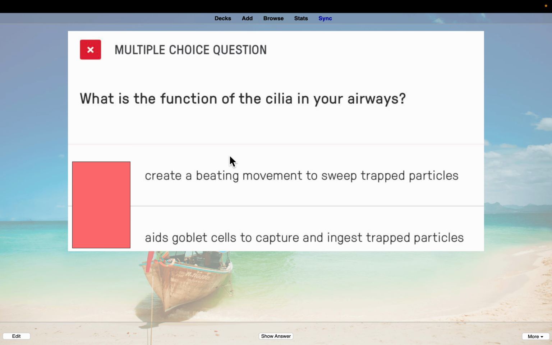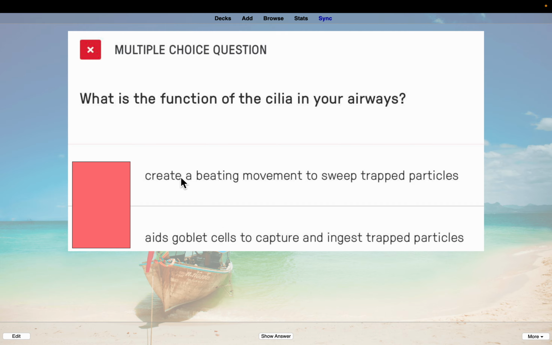What is the function of cilia in your airways? Let's read the first statement. Create a beating movement to sweep trapped particles. Maybe. I think it's the first statement. How about the second? Aids goblet cells. Aren't goblet cells related to the blood?